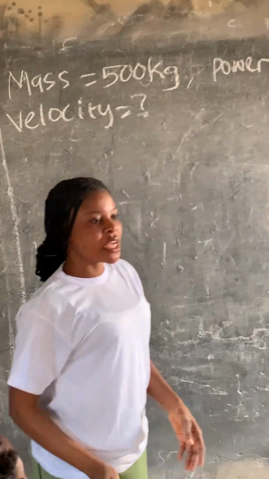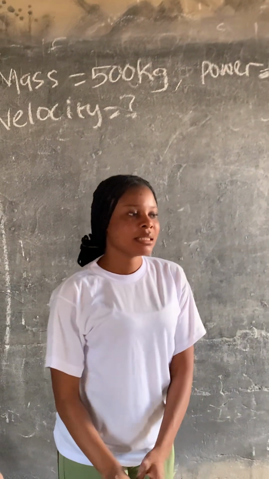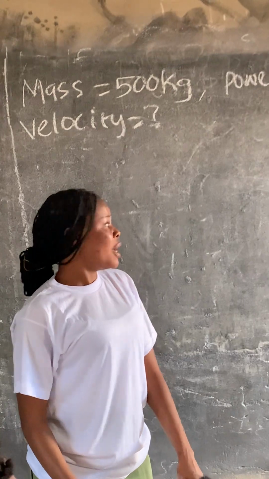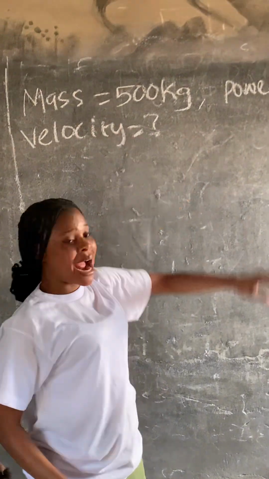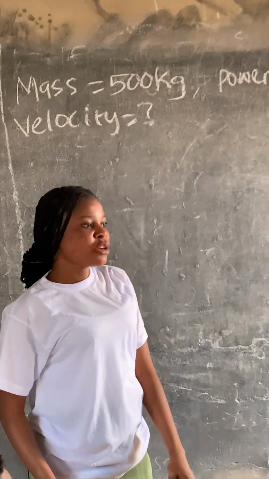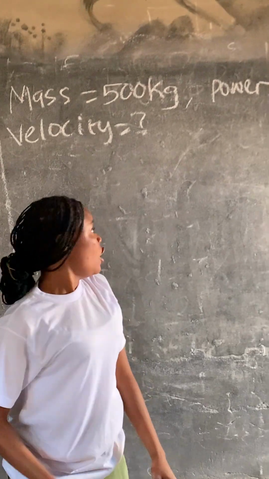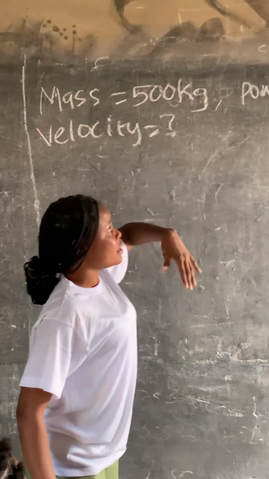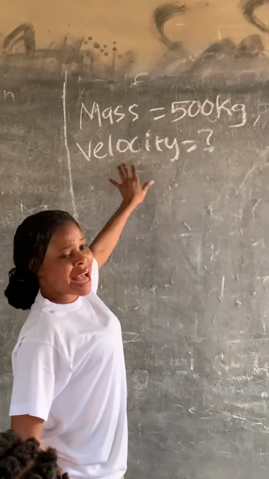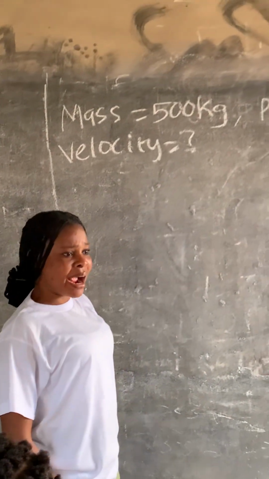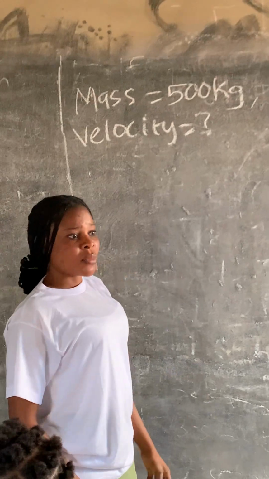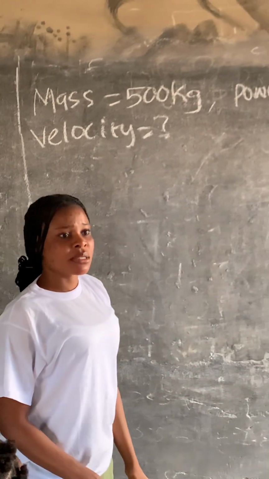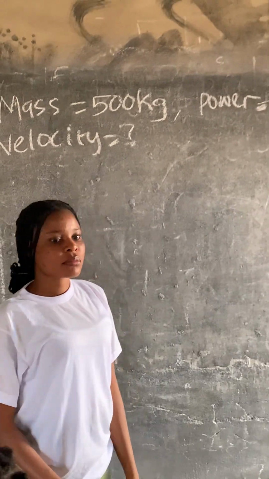This one, when solving it, you need to understand before solving, okay? So now, mass is given and power is given. How do you solve this one? You are not asked to solve power, but velocity. We have another formula of velocity, which is displacement over time.